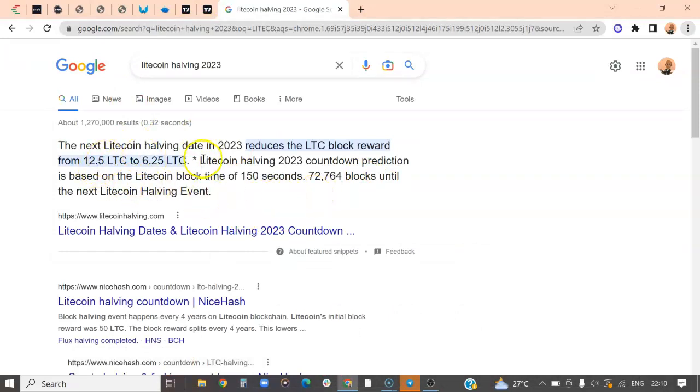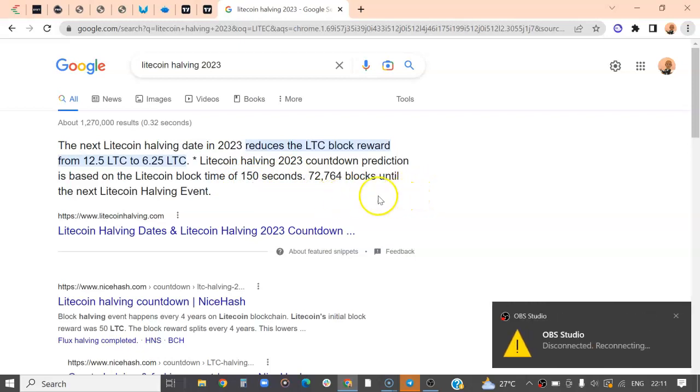The next Litecoin halving in 2023 reduces the LTC block reward from 12.5 LTC to 6.25 LTC, like half. The countdown is based on a Litecoin block time of 150 seconds, at 2,764 blocks to the next halving event.